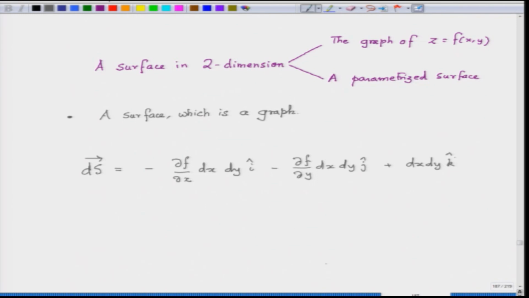So, I have to take the norm of this vector to get the value of the elemental area.